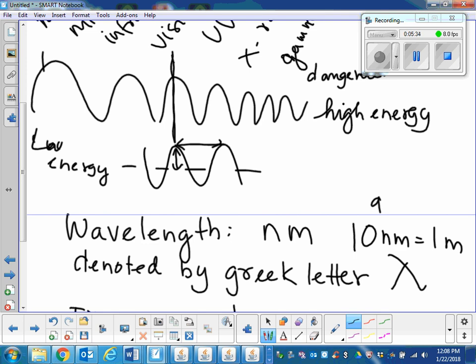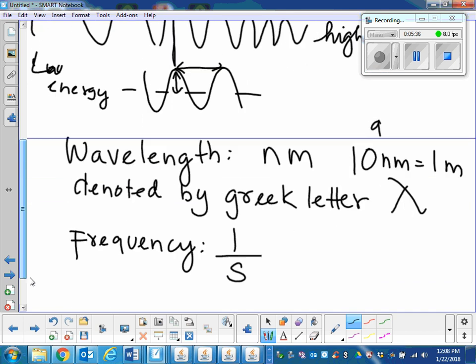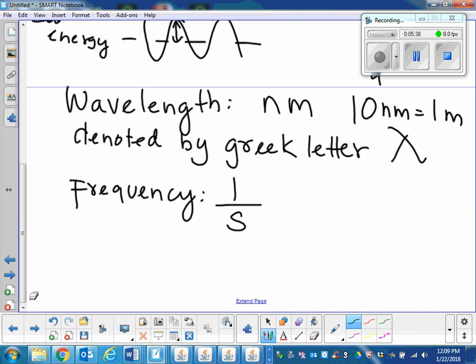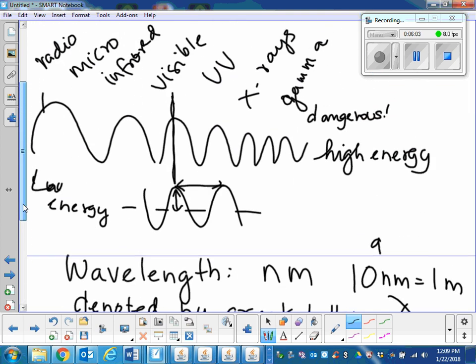How many waves pass you is called frequency. Units is 1 per second. 1 by second is also called per second. It's also called hertz, abbreviated Hz. That's frequency.